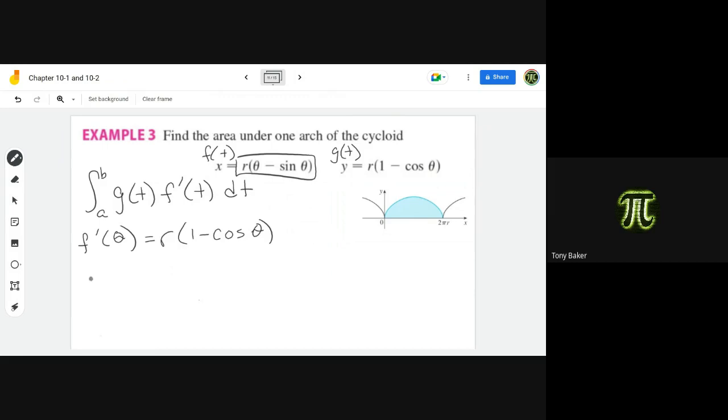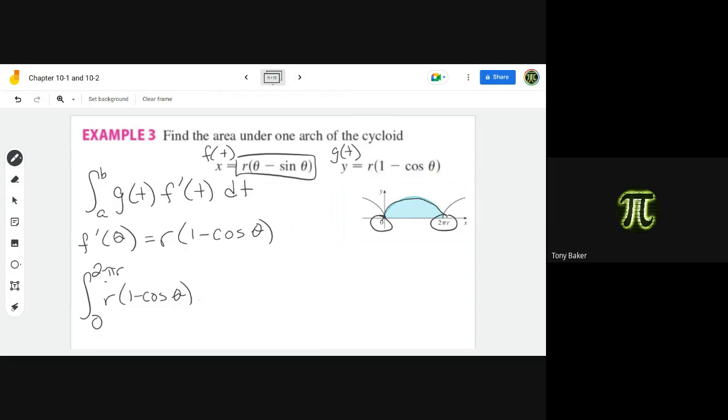All right, so my integral goes from 0 to 2 pi r, because in essence, one arch is the circumference of the circle. It's one full rotation of the circle. So g of t is r times 1 minus cosine theta.